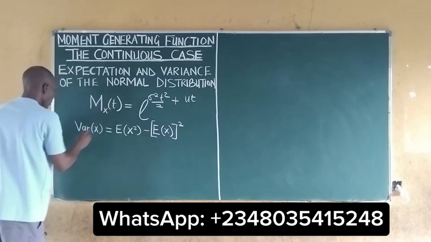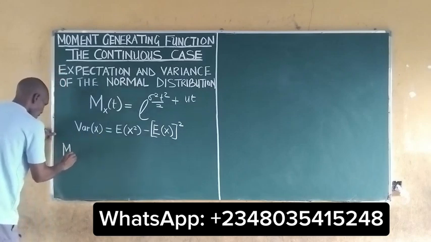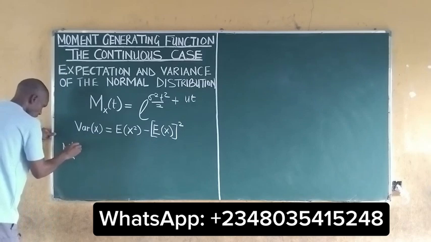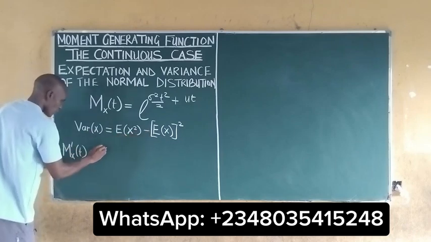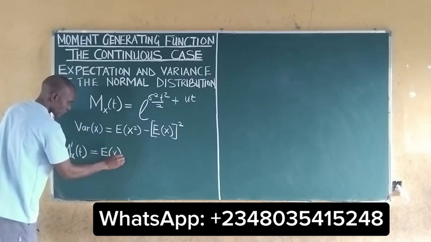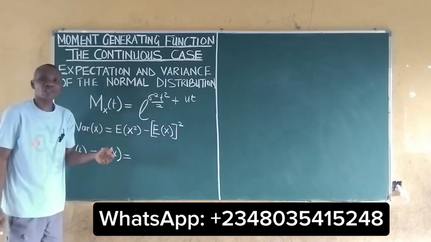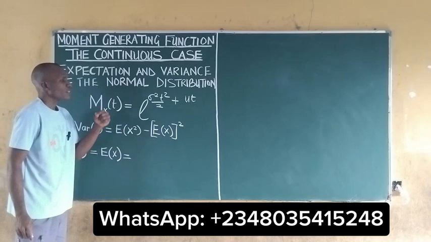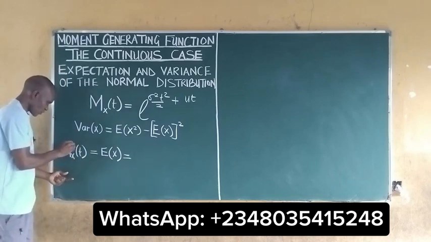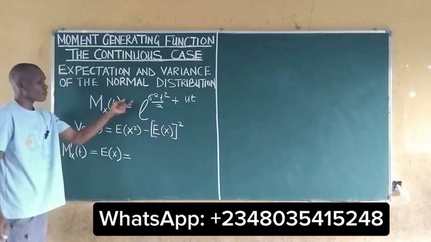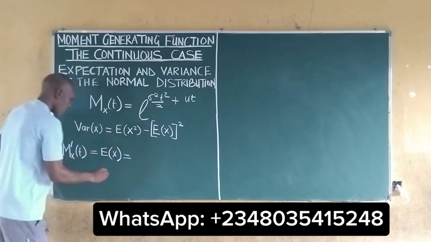So for our first moment, the first derivative of the moment generating function with respect to t, which is equal to the expected value of x, we have this function. So we use what is called the function of a function rule from differentiation to calculate the first derivative of this function.